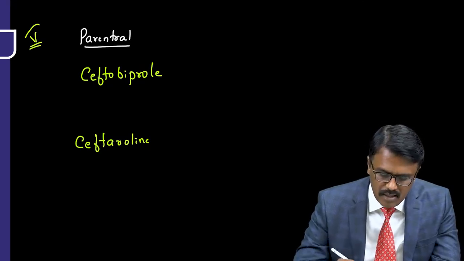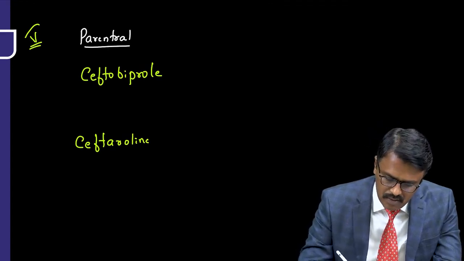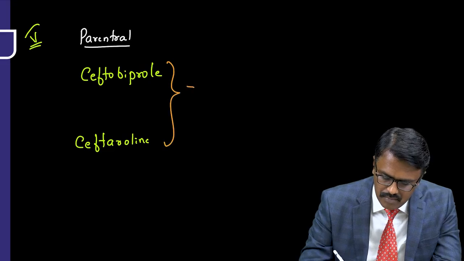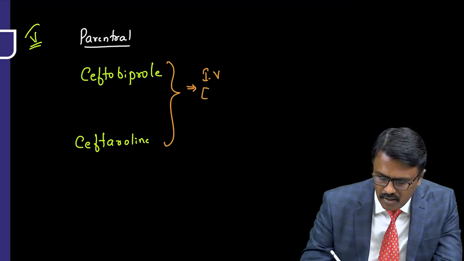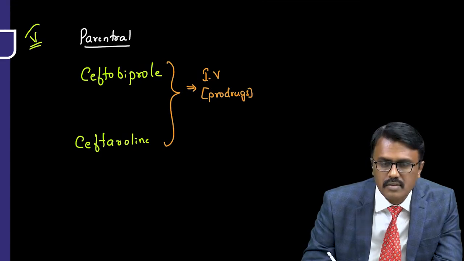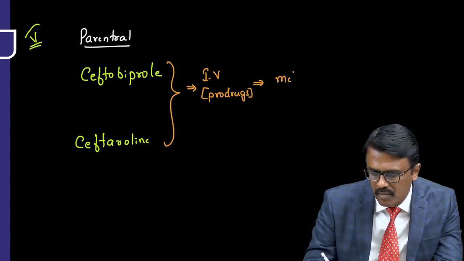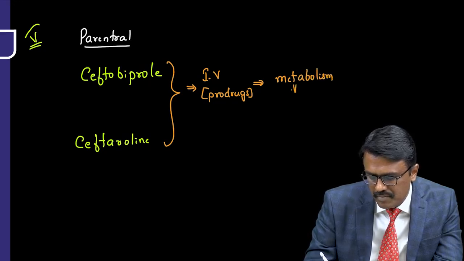Before I come to that, let me tell you one interesting fact about these drugs. When we give them IV, these drugs are prodrugs, and after metabolism, these drugs become active.